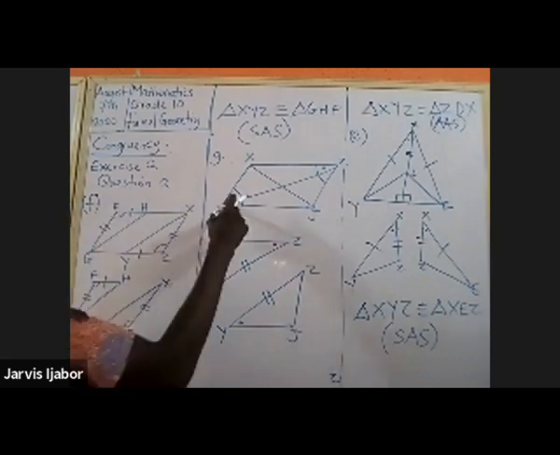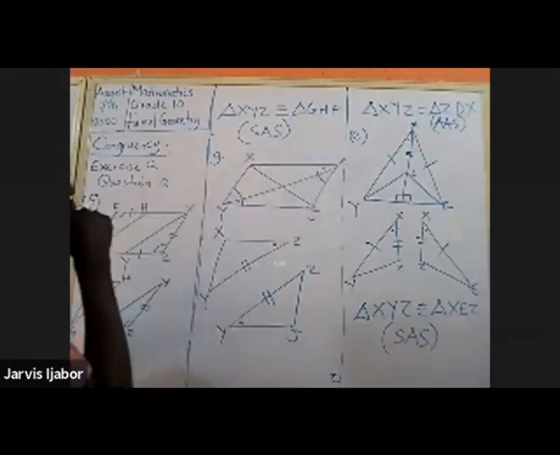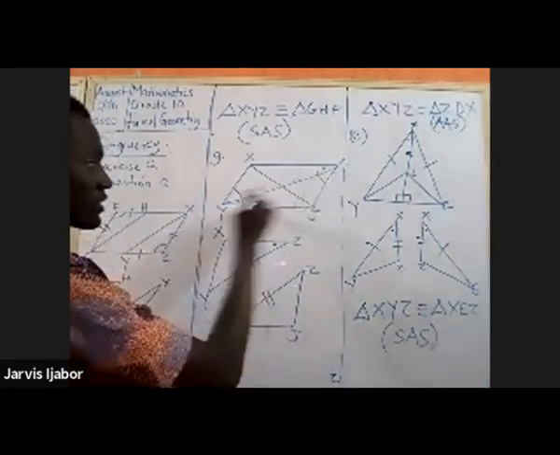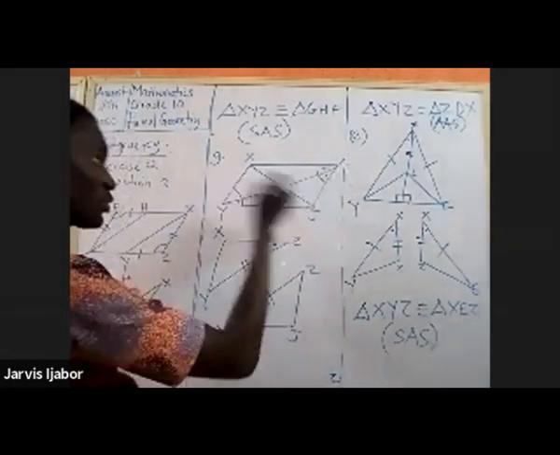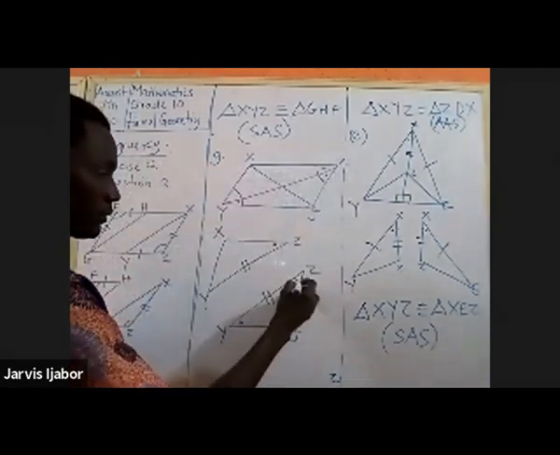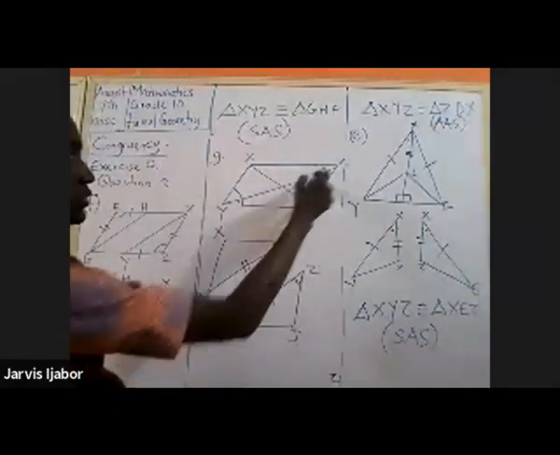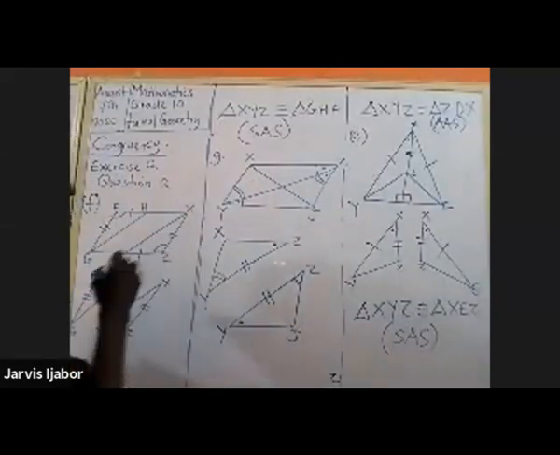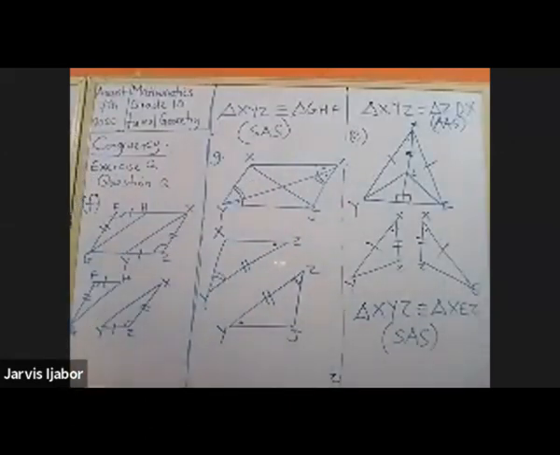Now by extension, because of the way it was drawn, if this angle is equal to this angle, then this angle here must also be equal to this by extension. So this angle, two strokes, will be equal to this angle here.